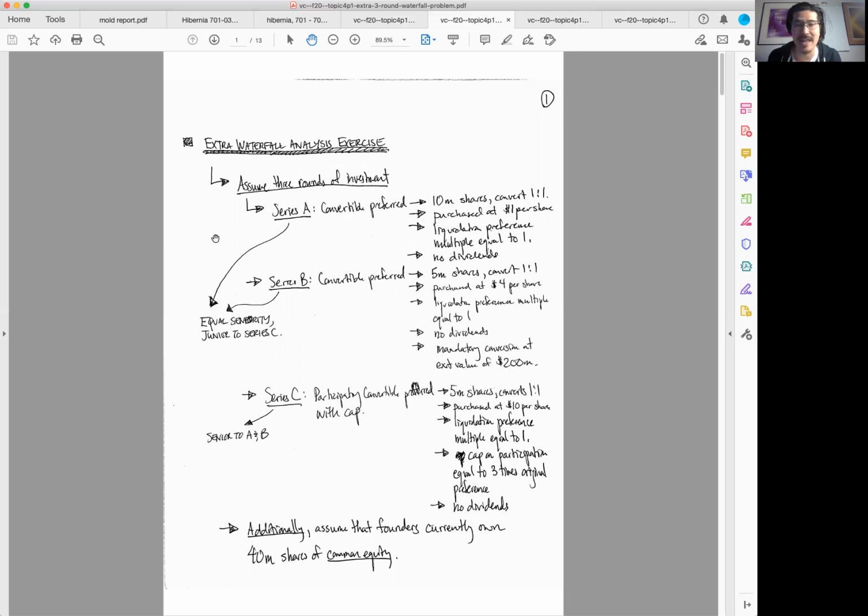However, Series B now is convertible preferred, but with mandatory conversion at 200 million exit. That's an extra complication. And Series C is participating convertible preferred with a cap. So by the way, this is like a difficult example. This is one that people have to wrap their minds around usually, even if they have experience.